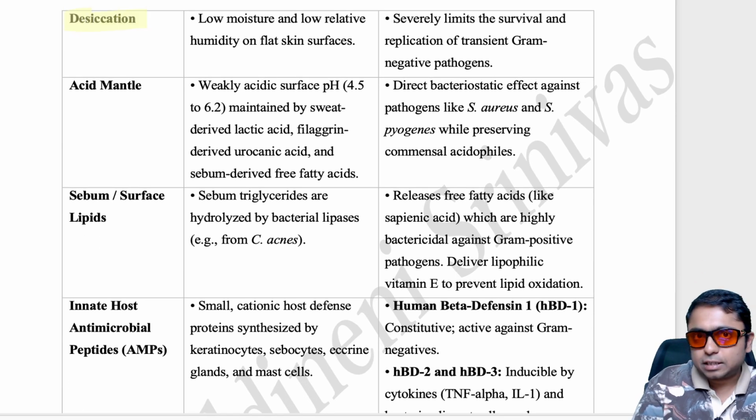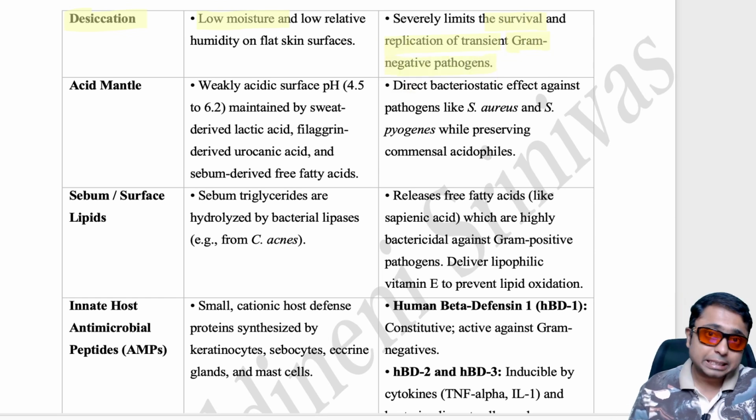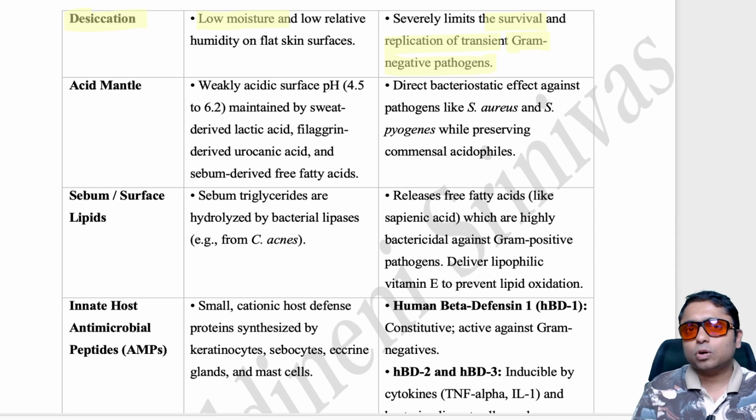Next is desiccation, that is, there is low moisture and humidity in the outermost layers of the skin epidermis, and this will limit the survival and replication of the transient gram negative pathogens. So these gram negative organisms can produce diseases, but because of desiccation and also desquamation, these organisms will get shed off.